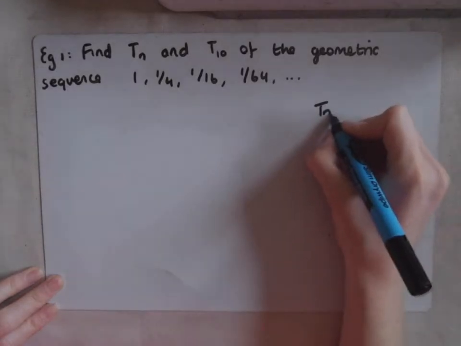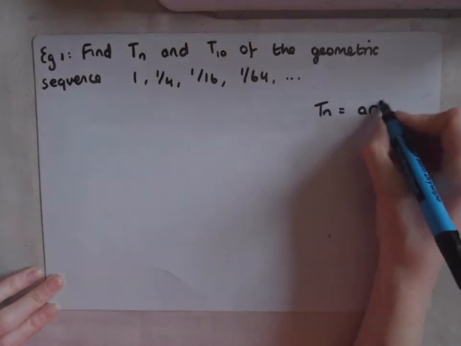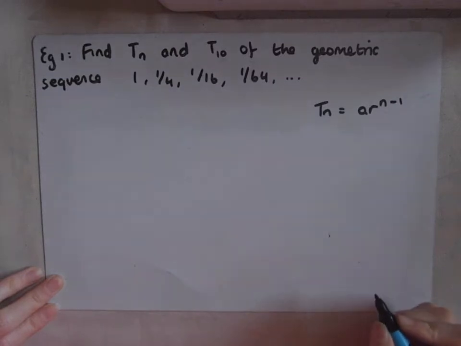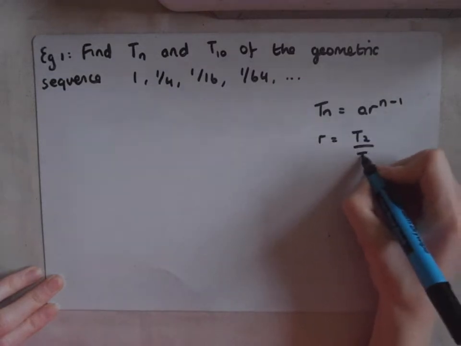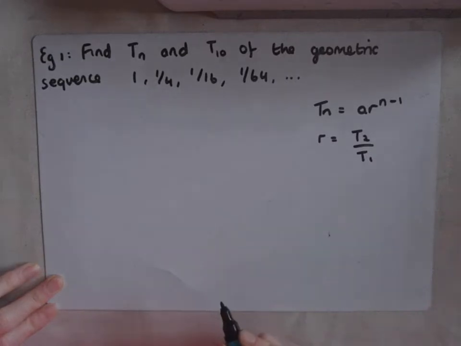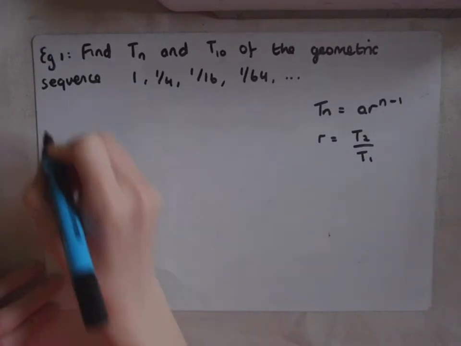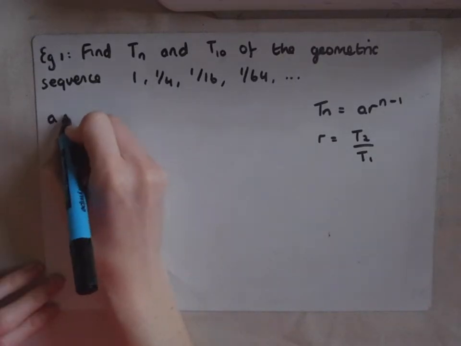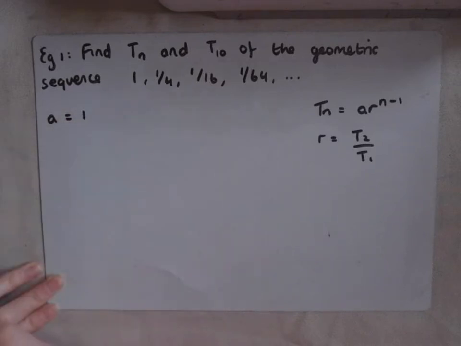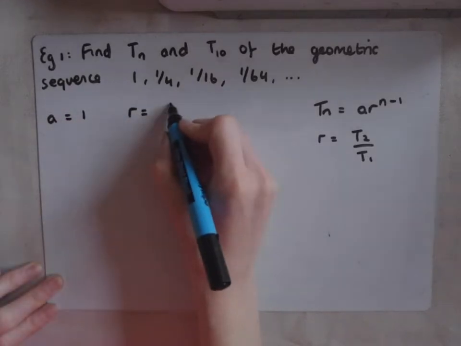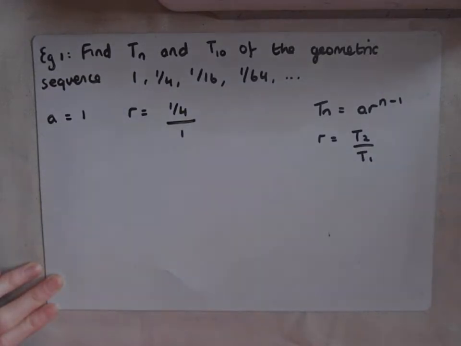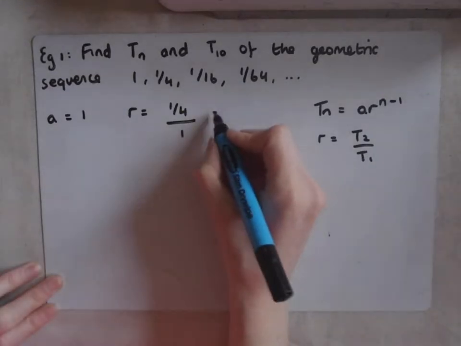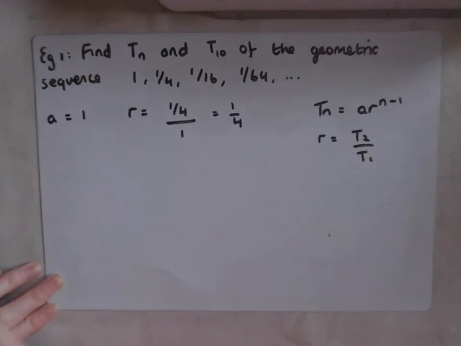So I know Tn is that formula, and I know to get my r I need to do T2 divided by T1. Over here I'm going to write out my first term, which is 1, and my common ratio, which is the second divided by the first. So that's just a quarter.